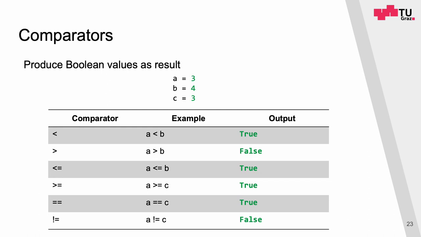And I would like to point out, because this is really important, in Python, if you type one equal sign, then you declare a variable. So then you set the value of a variable. As you can see above, we typed A equals 3, and there we only typed one equal sign.